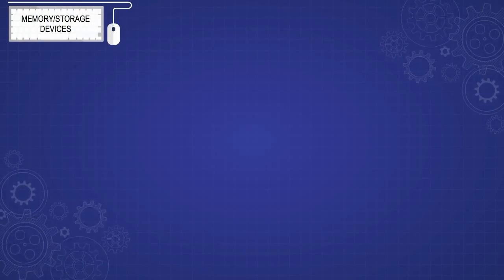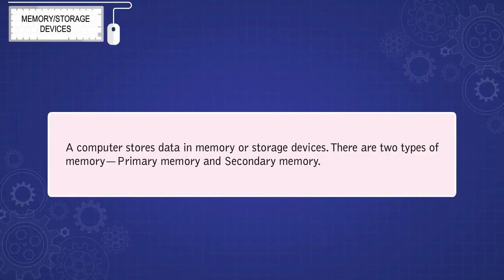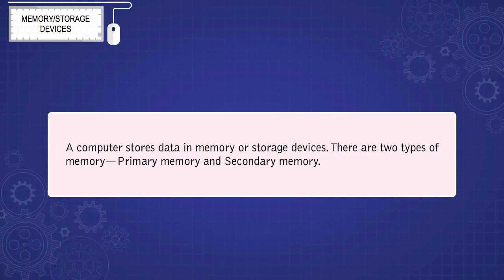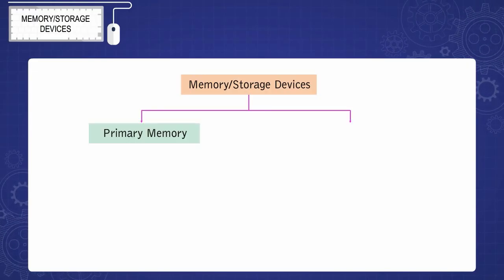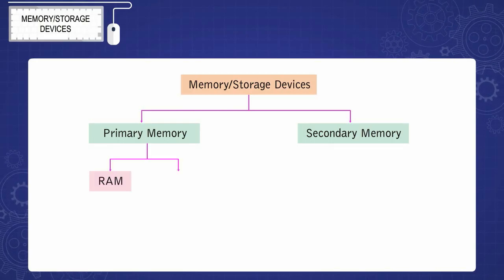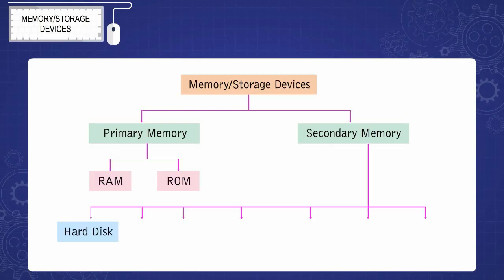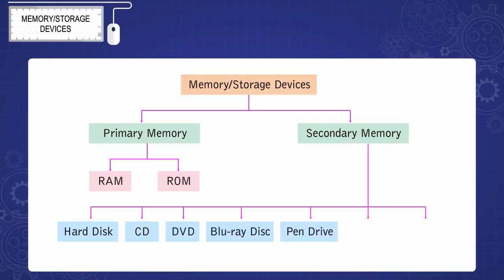Memory or storage devices. A computer stores data in memory or storage devices. There are two types of memory, primary memory and secondary memory. Memory or storage devices. Primary memory, secondary memory, RAM, ROM, hard disk, CD, DVD, Blu-ray disc, pen drive, SD card, SSD.